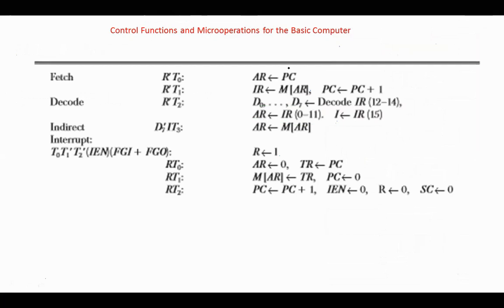On the first subtable, we have the microoperation: not R, T0, program counter to address register, and here we have the address register, instruction register 0 to 11 to address register.